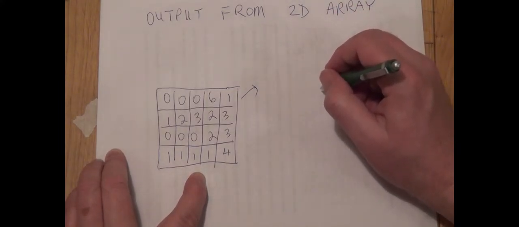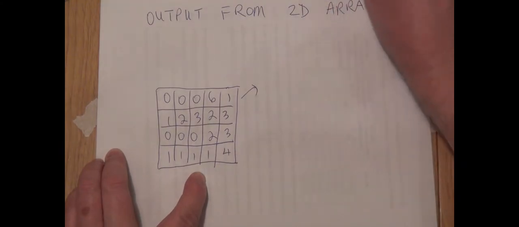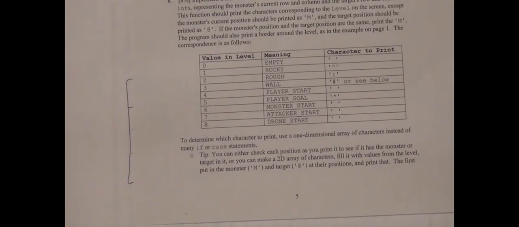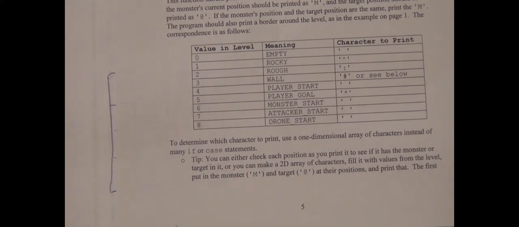And what we're going to do is we're going to use some different output symbols. So on page 5, we can see some further symbols. We can see that where we have a 0 in the output, we should put a space.